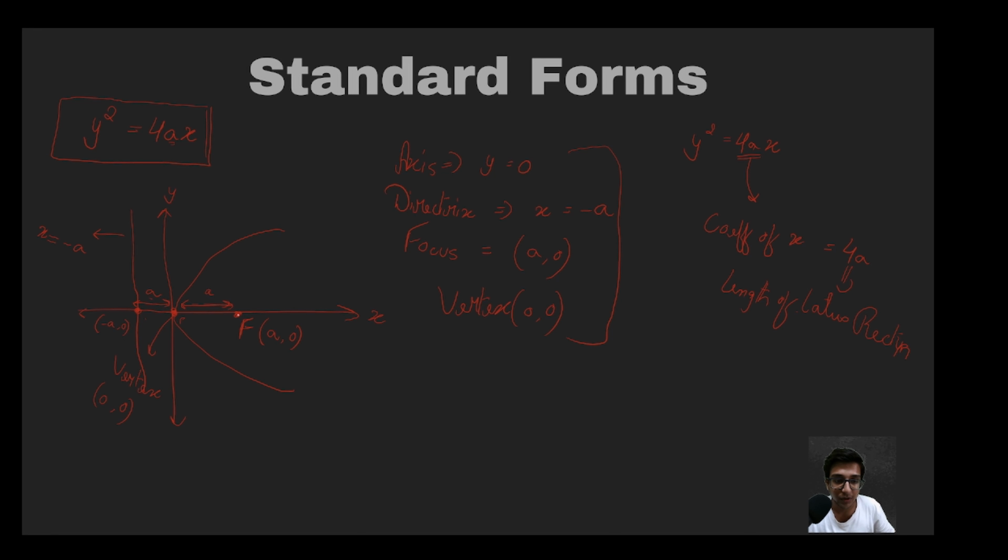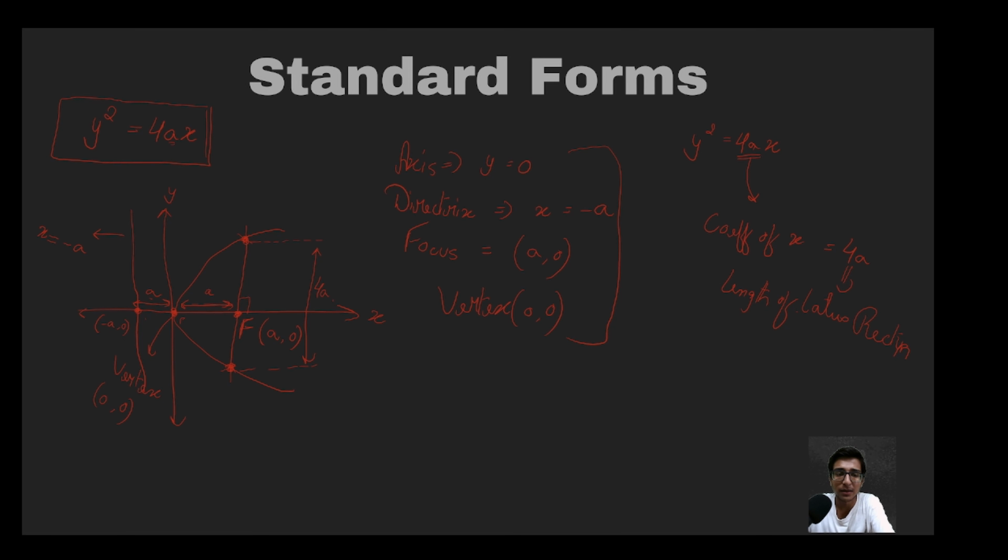So our latus rectum would be somewhat like this, since it is perpendicular to the axis and it passes through the focus, and it is a chord, so it intersects the parabola at 2 points. This distance from this point to this point, we are saying that this distance is 4a. So you need to remember the length of latus rectum as well, because it will be easier for you to solve questions.